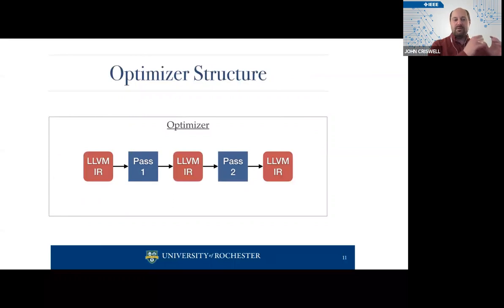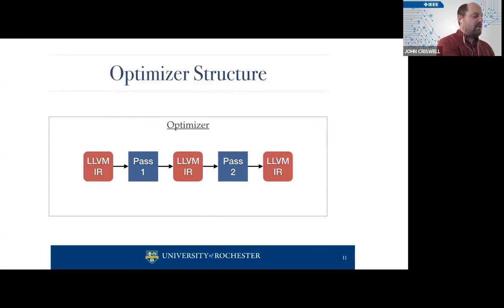So it takes as input your program in LLVM IR form, and it sends it to one plugin called a pass, and that pass does one analysis or transformation on the program. It then outputs the transformed LLVM IR, and that is sent to a second pass, which does another transformation, another optimization of some sort, and then spits out another version of the modified LLVM IR.